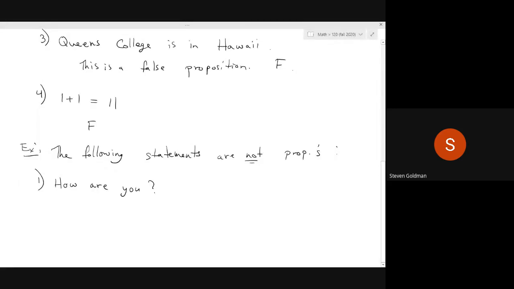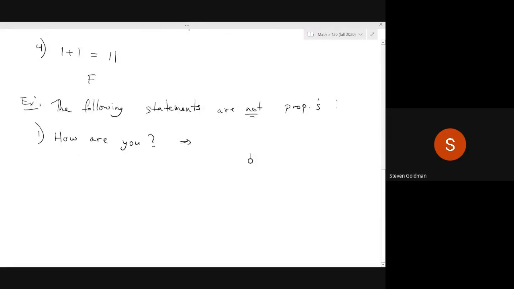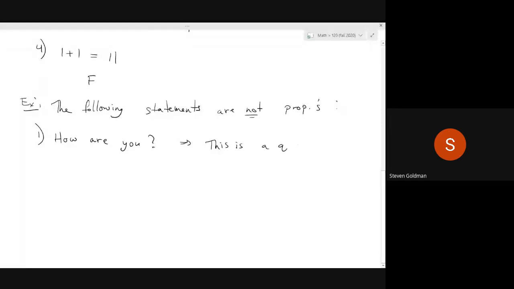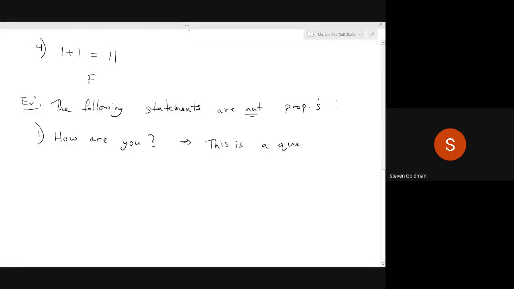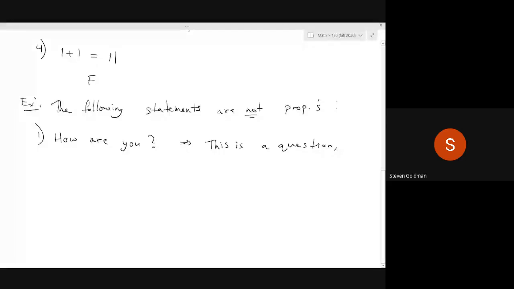How are you? Okay. It's not a proposition because it's not declarative. That's a question, right? It doesn't have a truth value. I can't say about this sentence that it's true or false, and it's a question. This is a question. Not a proposition. It does not have a truth value.